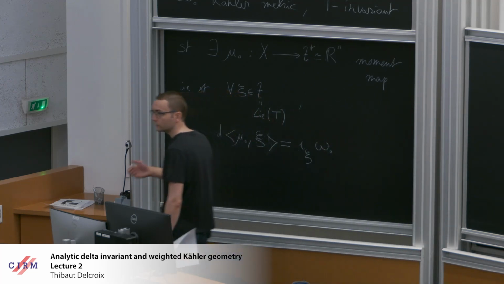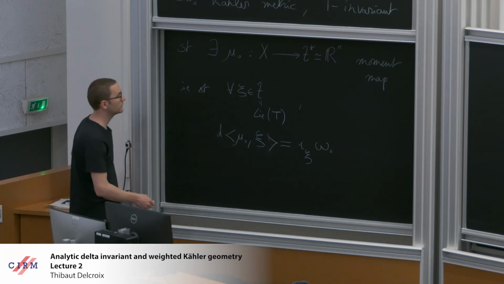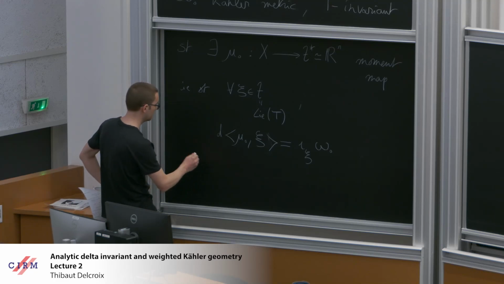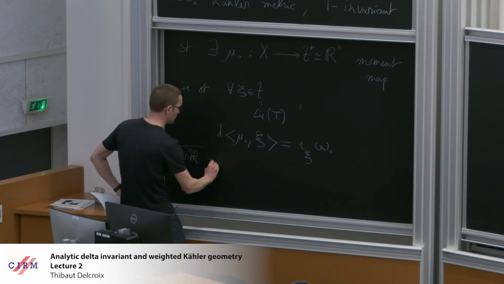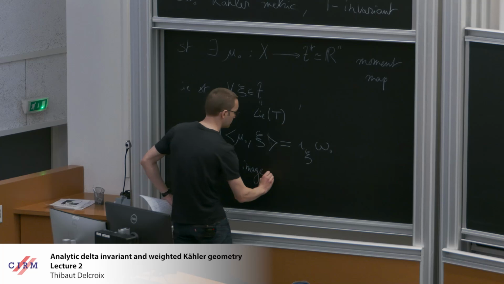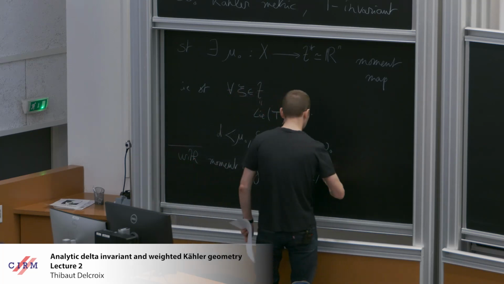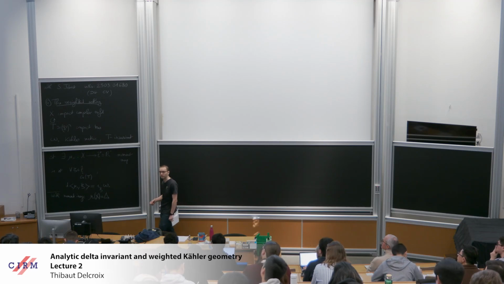So this will not be the most important part of the definition for what I will say today, but as a consequence, the moment image, which is the image of this map, mu0 is continuous, and this is a compact subset of R to the R, which is a convex polytope.